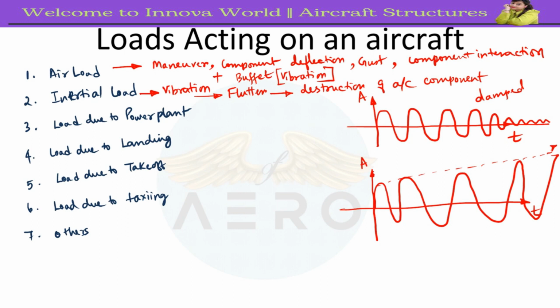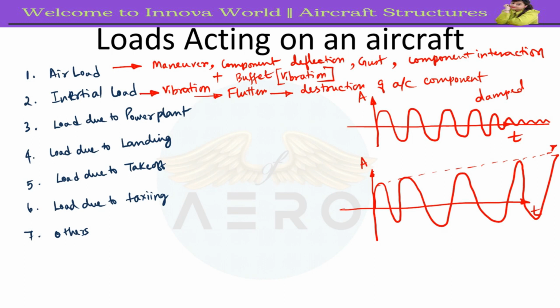So a small amount of vibration initiates another rise in amplitude. Due to that, it leads to destruction of components or any twist. If there is a twist formation in an aircraft, the aerodynamic characteristics will change. If the aerodynamic characteristics change, it will lose its control and finally lead to destruction of the aircraft.